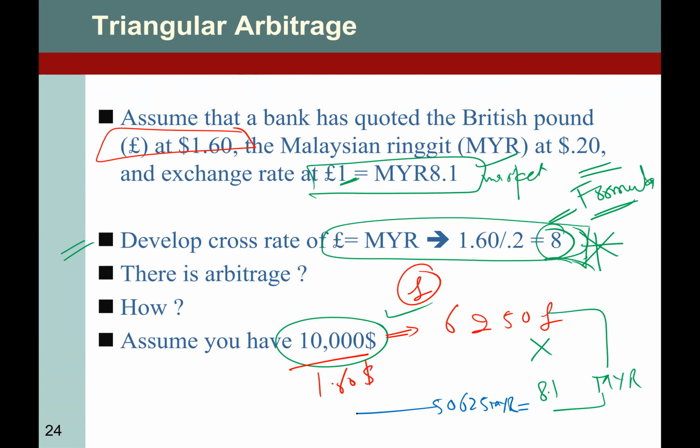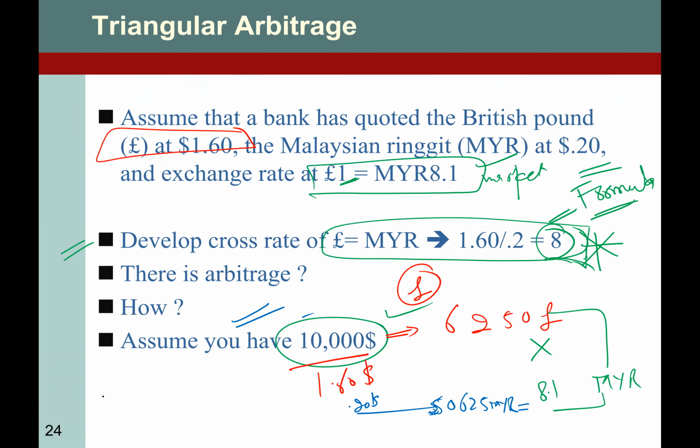And now, finally, because you invested in dollars, you need to convert your total proceeds back into dollars. The rate is $0.2. What is the answer here?